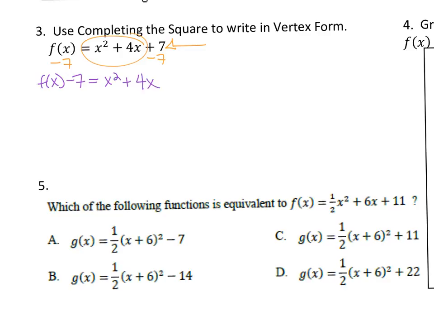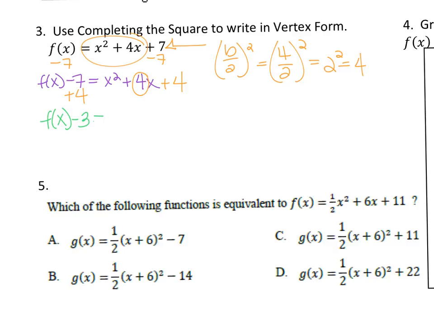Well, I know my b is 4. So I have b over 2 squared, which is 4 over 2 squared. 4 over 2 squared reduces to 2 squared, which equals 4. So I'm going to add 4 to each side. Well, -7 plus 4, I then have a -3, and that equals, well, this now becomes a perfect square of x plus b over 2 squared.